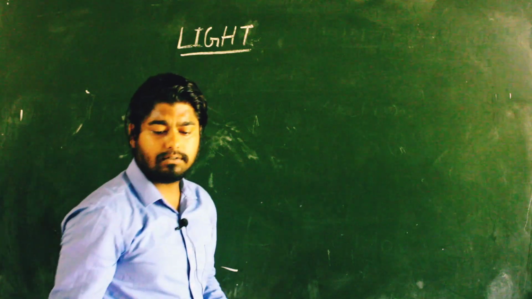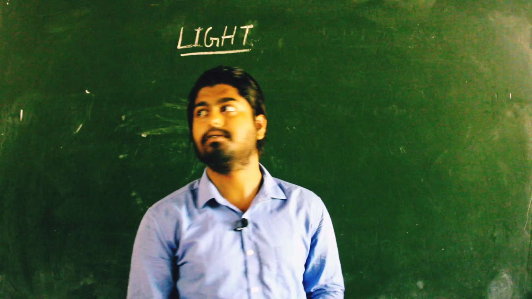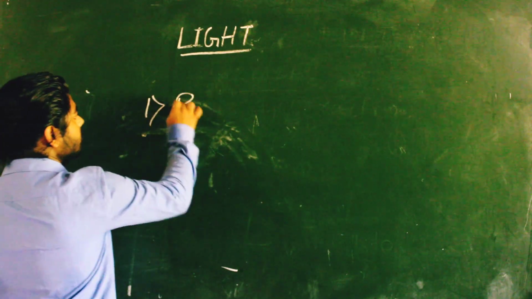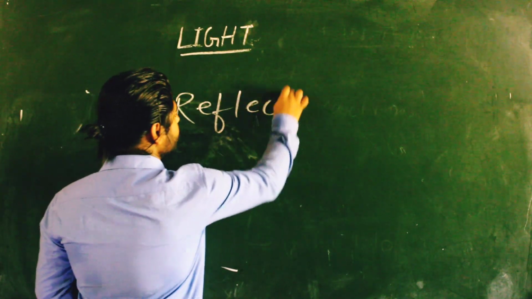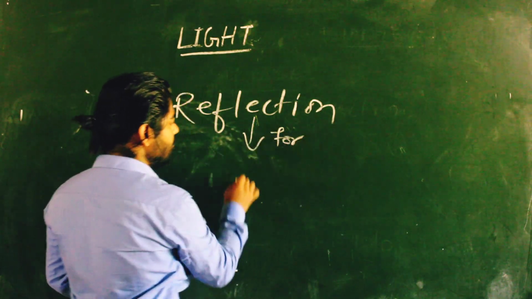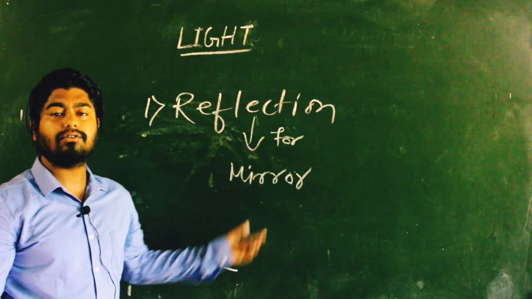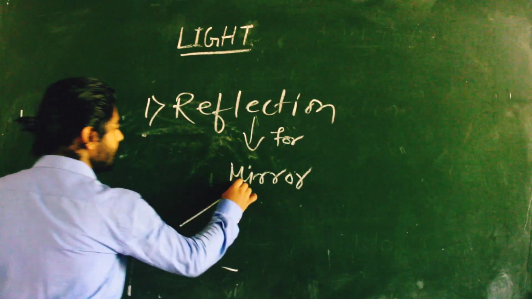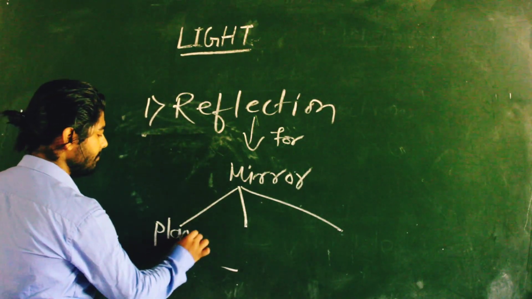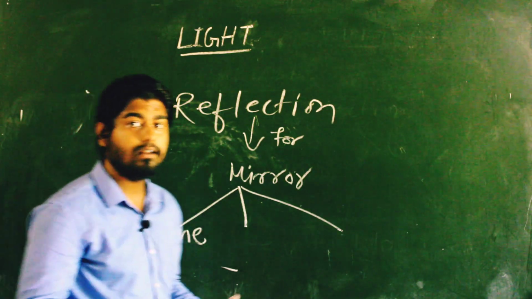In the reflection topic, we will study three kinds of things, or where the reflection happens. First, we will study reflection for mirrors. In mirrors, we will get three kinds of mirror. First is called plane mirror. That is like the straight one, what we see ourselves in every day.